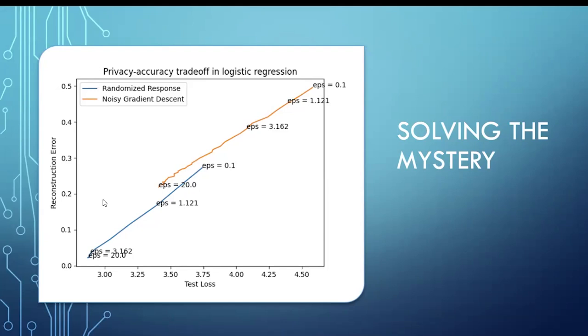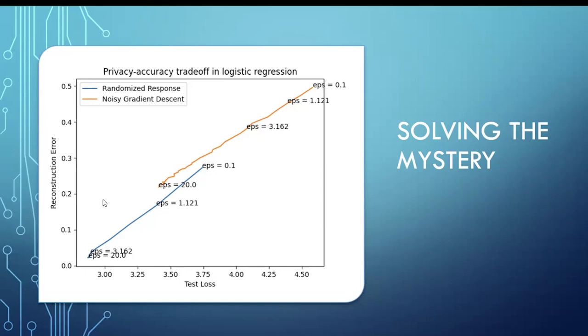Now, that epsilon is the upper bound. So when you see a point here and I tell you this is epsilon equal 3 point something, that's a lie. It's an upper bound on epsilon, but the actual epsilon can be anything lower. So maybe, and I'm honestly saying maybe, this indicates that the analysis for noisy gradient descent in this particular setting is extremely conservative.